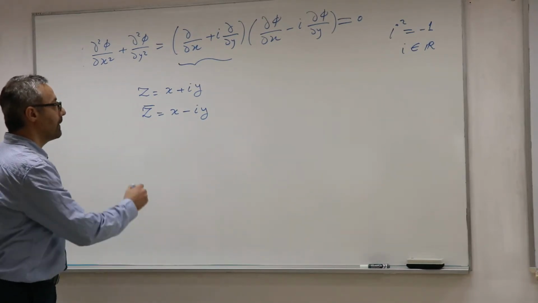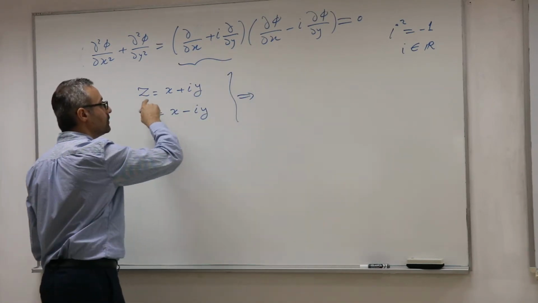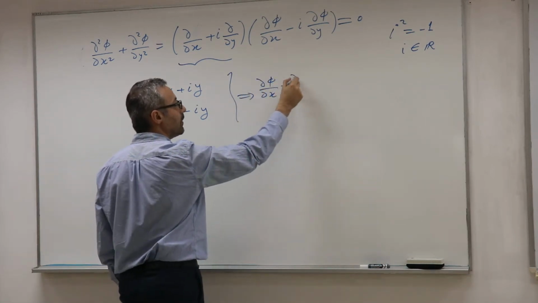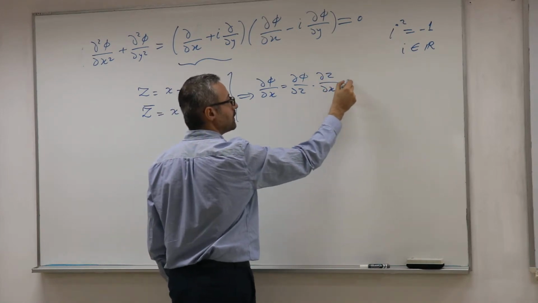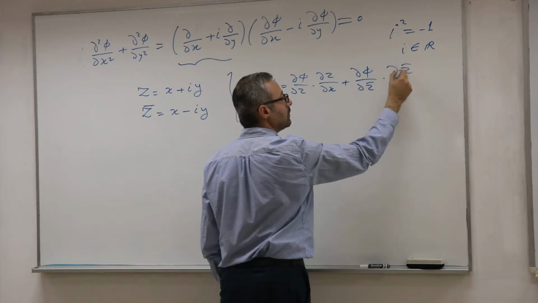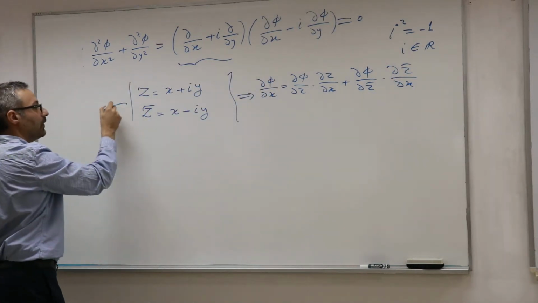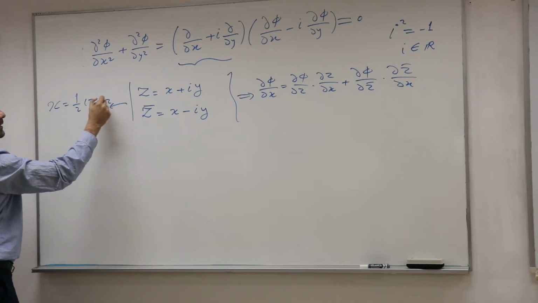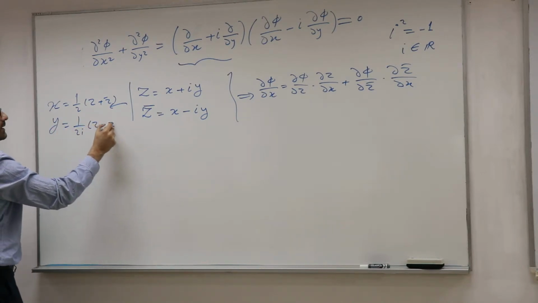What does it mean? I try to convert all the derivatives to z and z bar. Look at what happened. Partial x will be partial z, z with respect to x, plus partial z bar, z bar with respect to x. This is just the chain rule. And from here, you have x is 1 over 2 (z plus z bar), and y is 1 over 2i (z minus z bar).